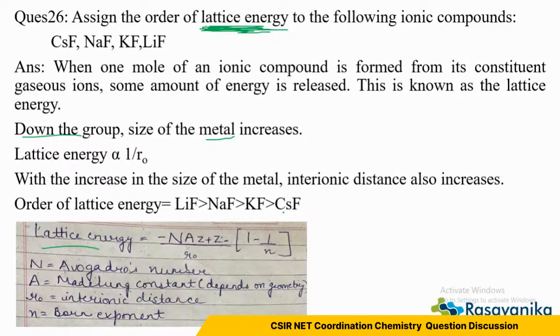Cesium has the largest size, so the interionic distance will be highest, and lattice energy will be least for this ionic compound. So this is the order of the lattice energy that was asked in the question. We are done with this question.